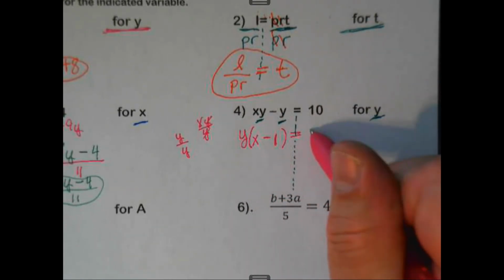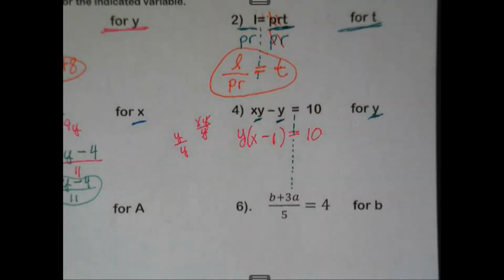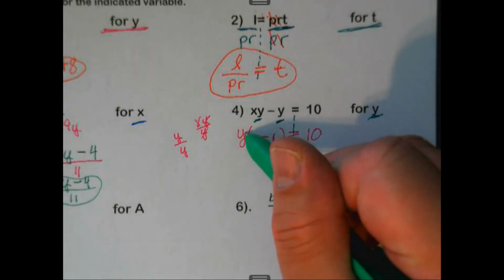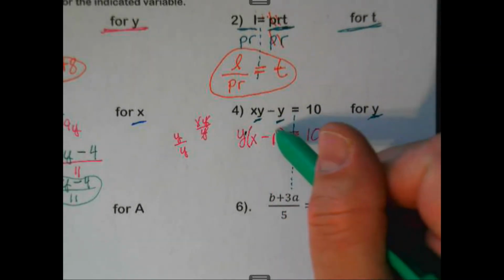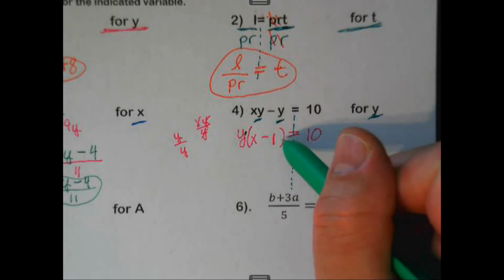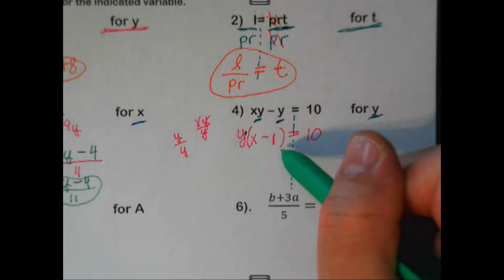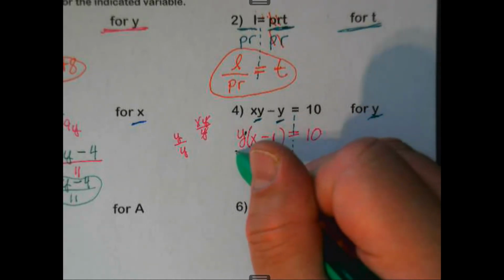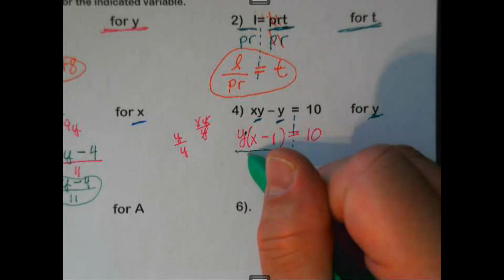So now I have multiplication between the y and this quantity. It all became one term because of those parentheses. I can now undo the multiplication by dividing by x minus 1.